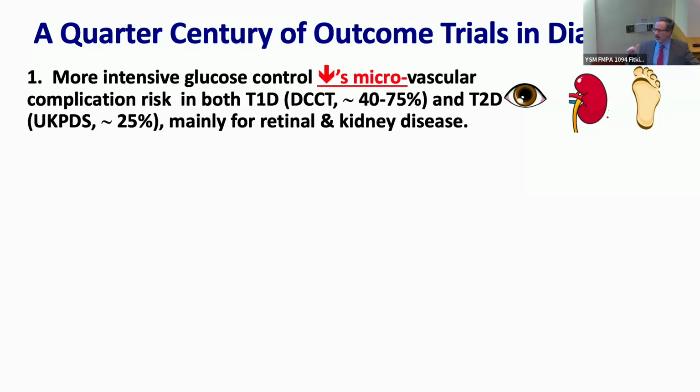So those would be nephropathy, retinopathy, and neuropathy. Those three diabetes complications, which occur both in type 1 and type 2 diabetes, are attenuated when the hemoglobin A1C is brought toward 7% or slightly lower. And that's where the guideline recommendation comes to target an A1C of 7%.